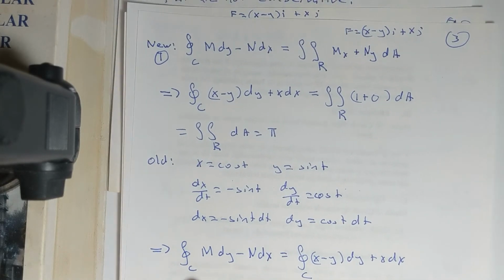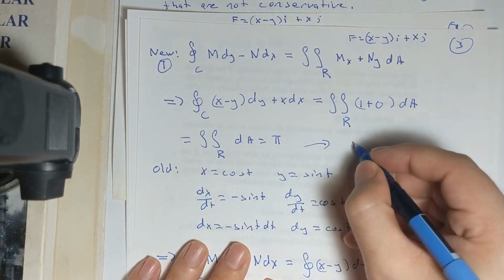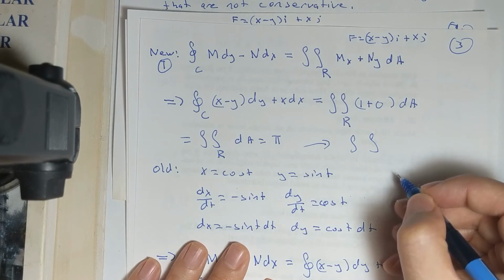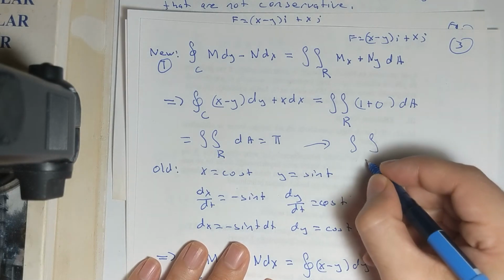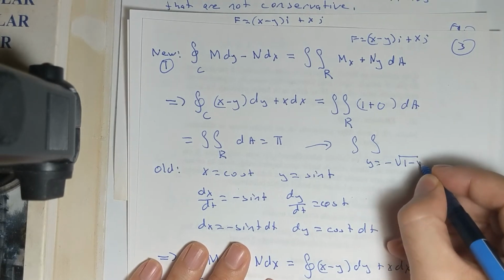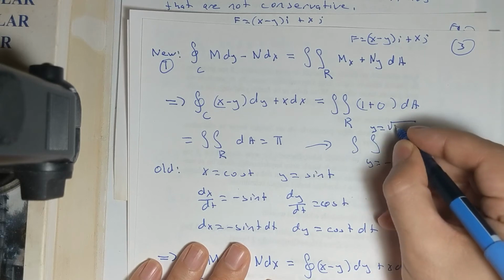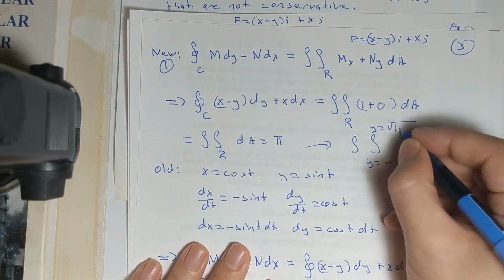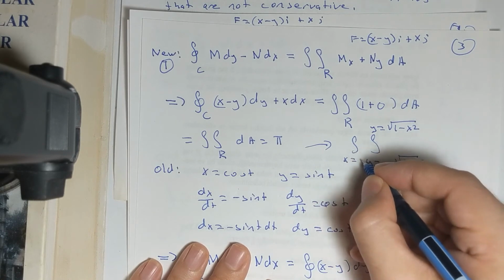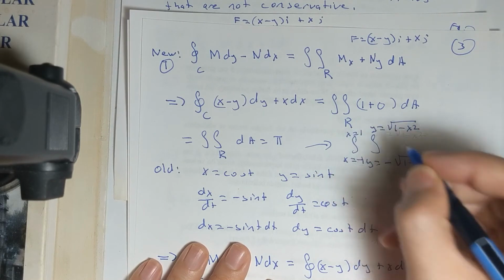If you really wanted to do it, you would write it as a double integral, and you would want y to go from minus the square root of 1 minus x squared to y goes to the square root of 1 minus x squared, and x goes from minus 1 to 1.